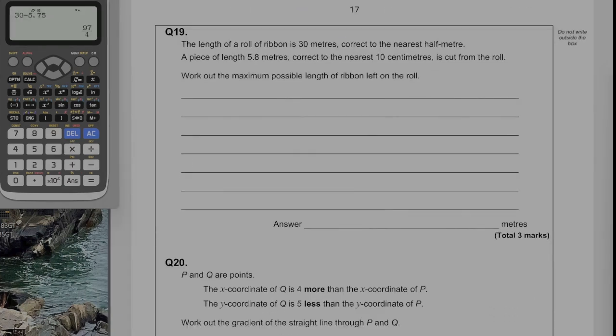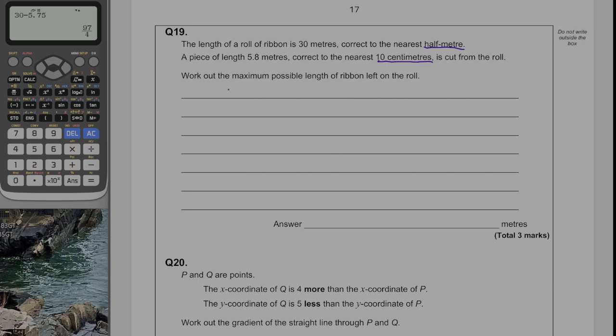Right, question 19. The length of a roll of ribbon is 30 meters, correct to the nearest half meter. A piece of length 5.8 meters, correct to the nearest 10 centimeters, is cut from the roll. Work out the maximum possible length of ribbon. Right, so to do this, we want to take the maximum value that the ribbon could be.